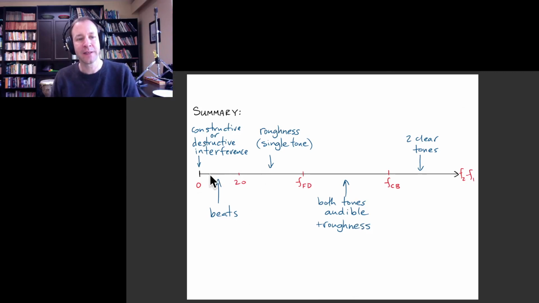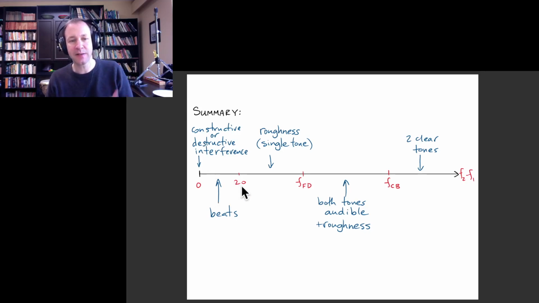So the graph shows the difference in frequencies, and as we go up from 0, we first heard the beats. We understood those to be a consequence of the constructive or destructive interference when the two waves were in sync or out of sync.